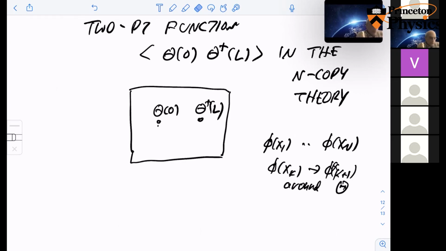Now, a two-point function, and here's where we really will use conformal invariance. This is the first place we really use conformal invariance.